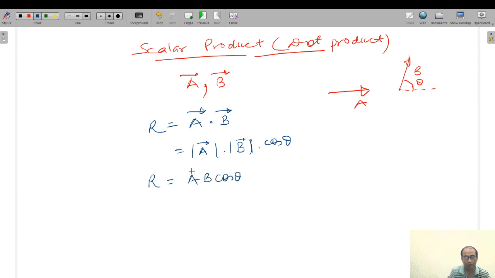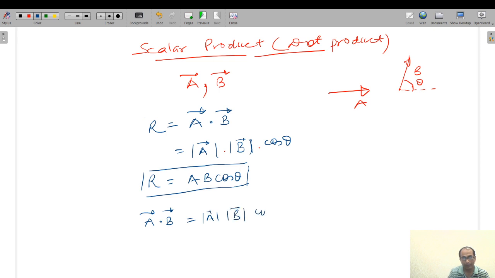यदि आप इसके ऊपर एरो नहीं रखते हैं then it is magnitude only of that vector, right? So this is the magnitude of the resultant of this scalar product of two vectors, vector A and B. So from here we write like this: A dot B is given as mod A mod B cos theta. Okay.